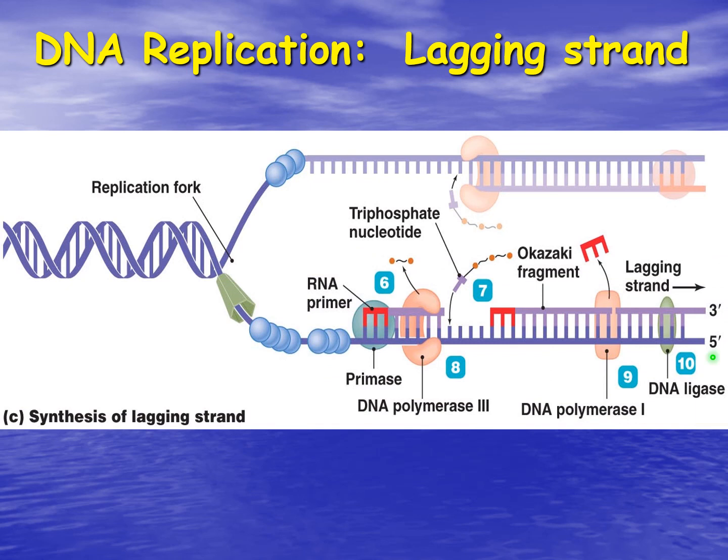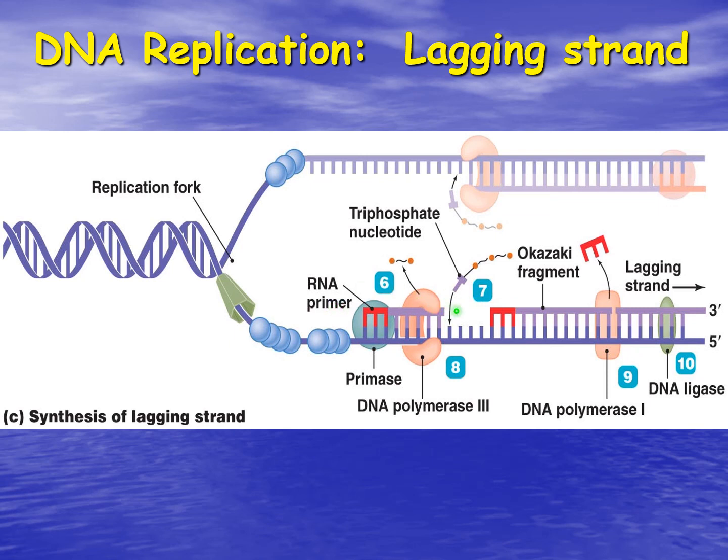But the lagging strand, I can't start out here with a 5' end because this already is. So I move over here where it's 3', and I'll lay down an RNA primer. The DNA polymerase then begins to lay down DNA nucleotides. And then I start back over here and make another Okazaki fragment.